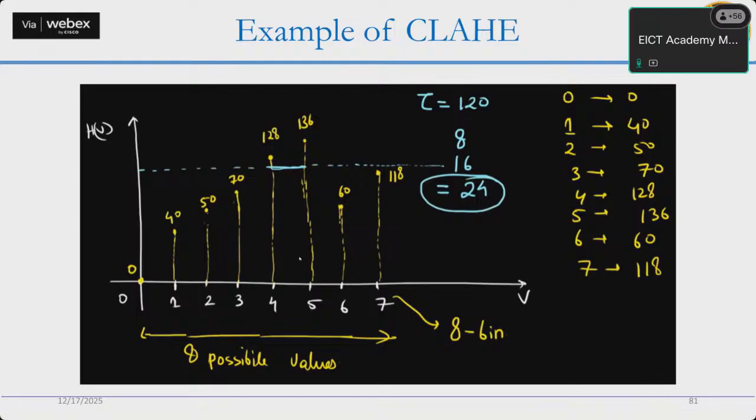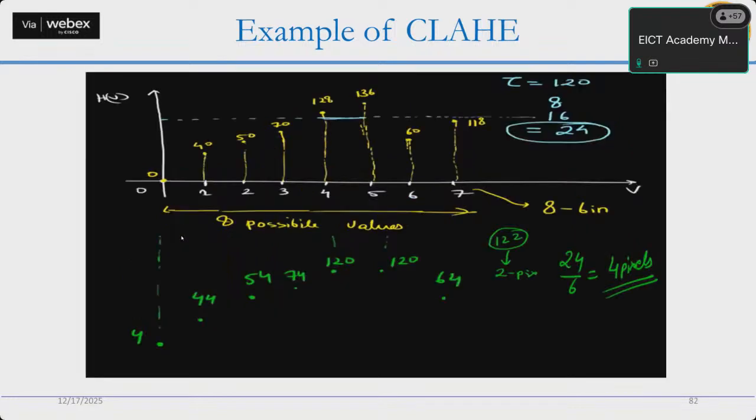How many other levels are there? Apart from these two, 8 levels total, so 8 minus 2 is 6. 24 divided by 6 equals 4. So we add 4 to each: 0 will become 4, 40 will become 44, 50 will become 54, 70 will become 74.